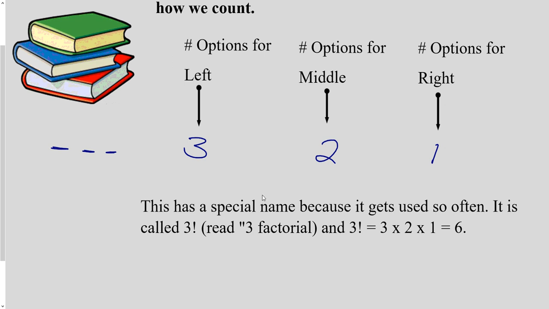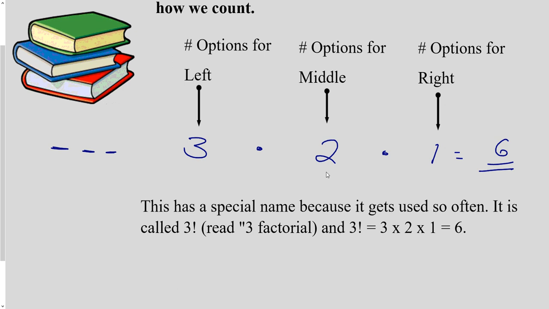So this method, if you notice that we take 3, 2, and 1 and multiply them together, what do we get? That same 6 for the 6 ways we can organize the books, right? Multiplying a number by each integer less than that number has a special name because we use it in probability so much.